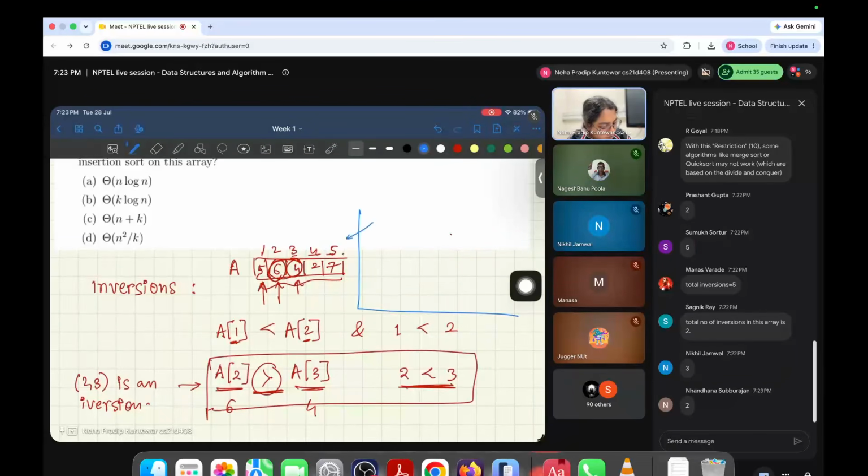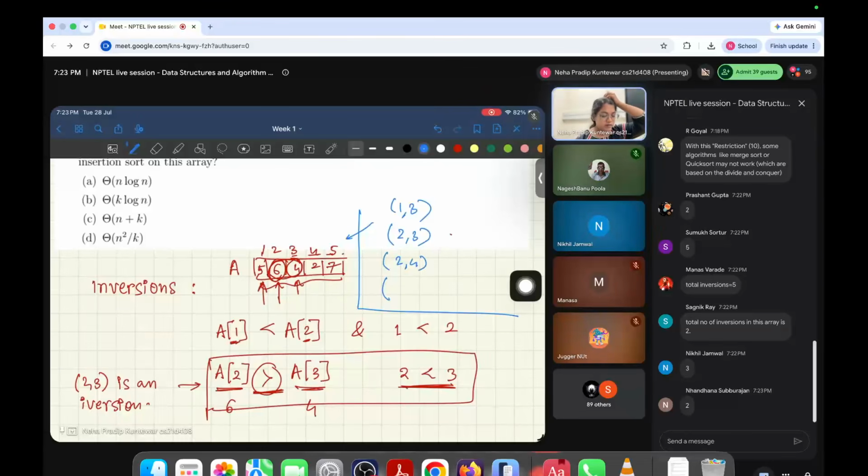Okay, so 1 2 is not an inversion, 1 3 is an inversion, 2 3 is an inversion, 2 4 is an inversion.